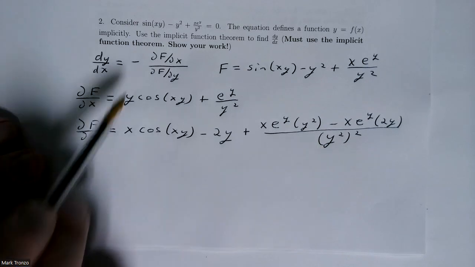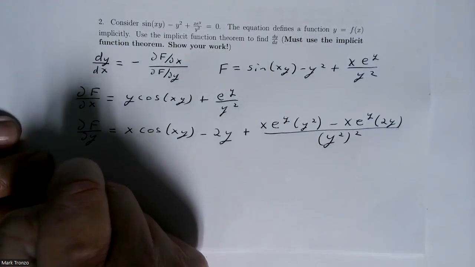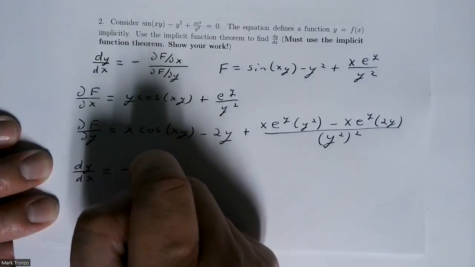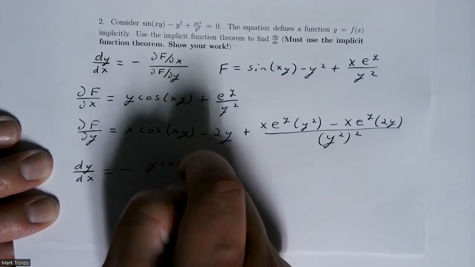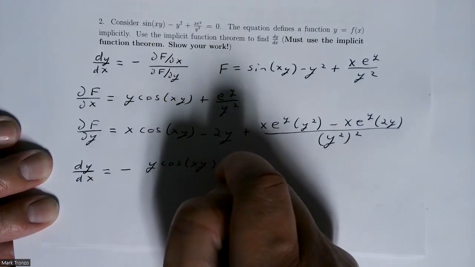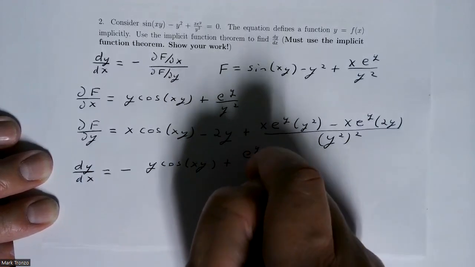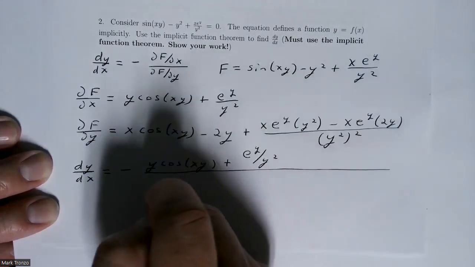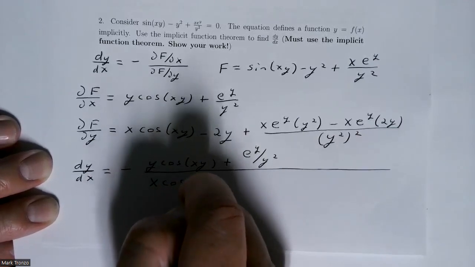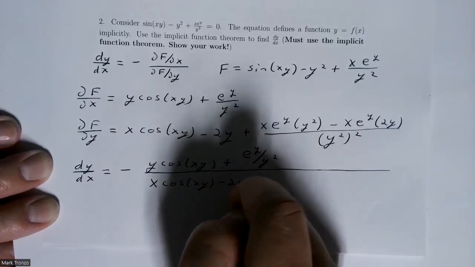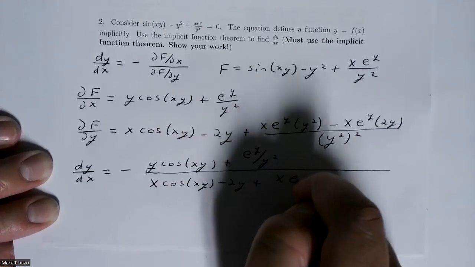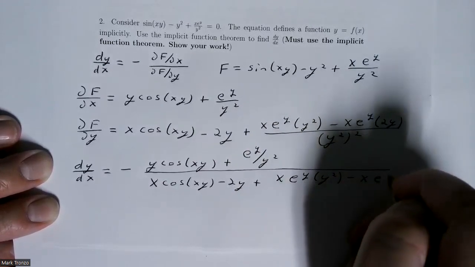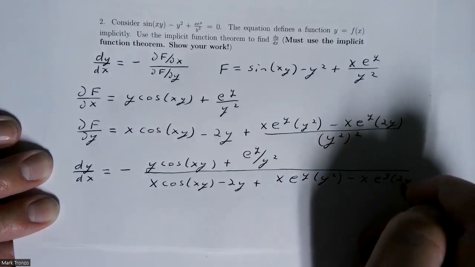And then just use our equation up here. dy/dx is negative df/dx, which is y cos xy plus e to the y over y squared, divided by x cos xy minus 2y plus the quotient-rule term, x e to the y times y squared minus x e to the y times 2y, all over y squared squared.